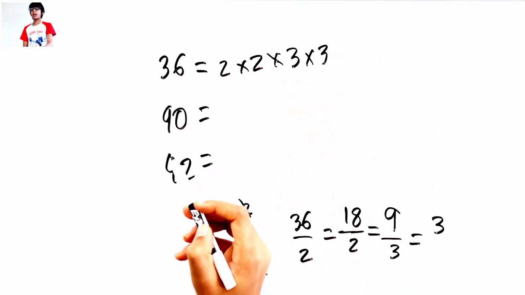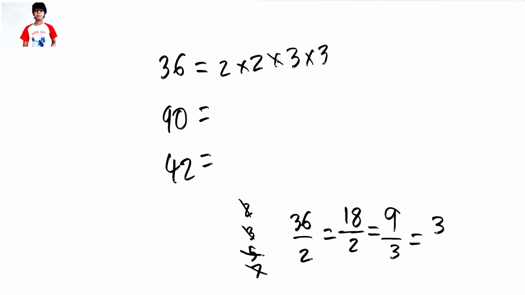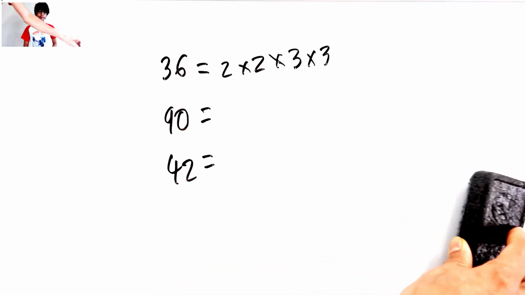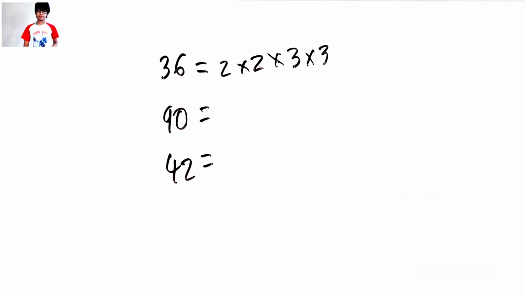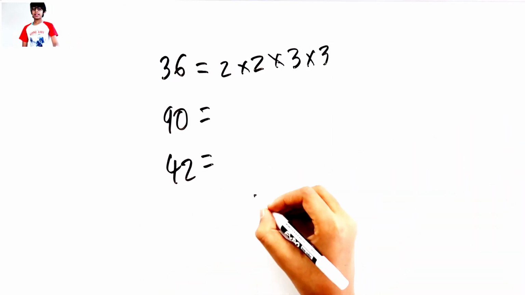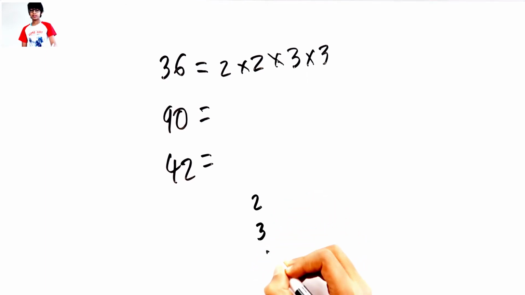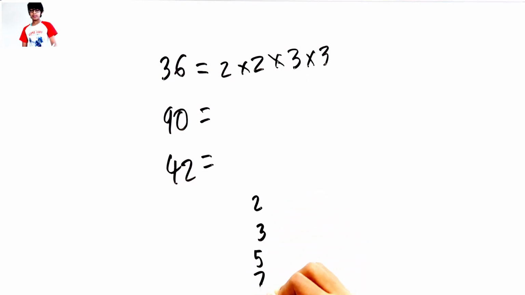Now let's find the prime number factors for 90. Okay, so now 2, 3, 5, 7.